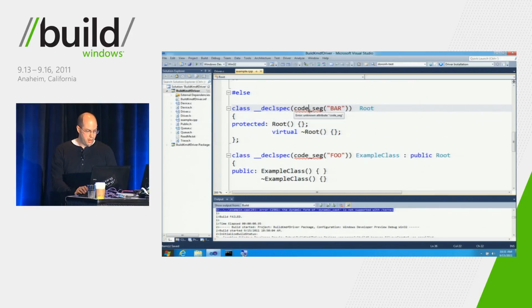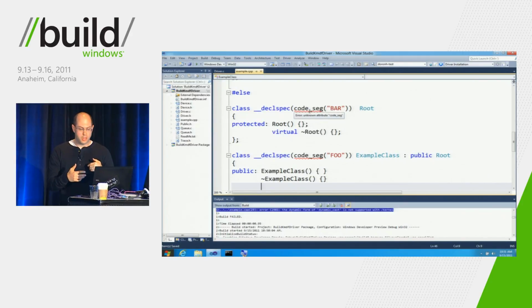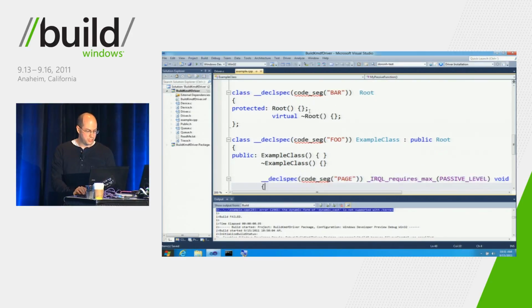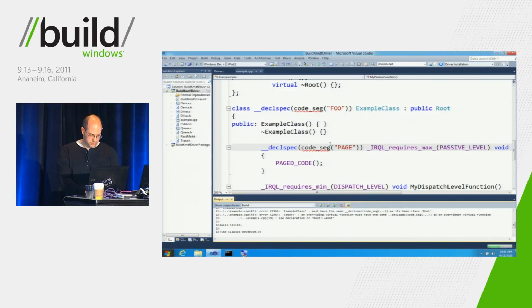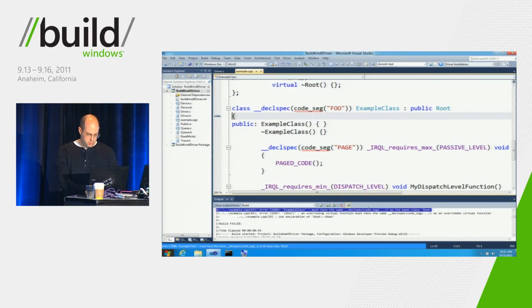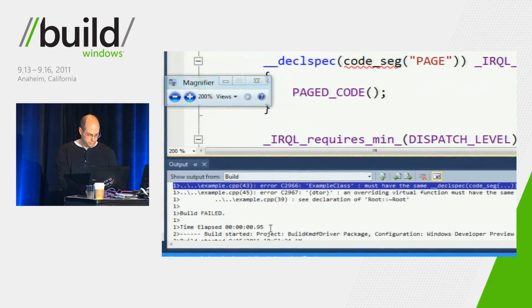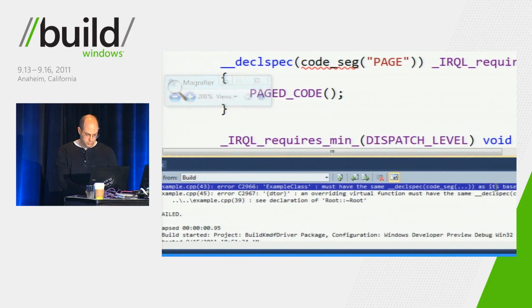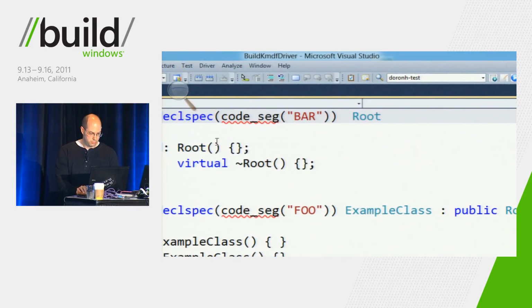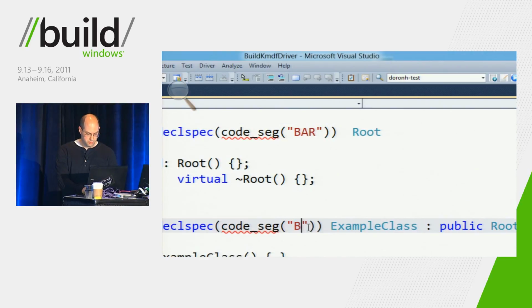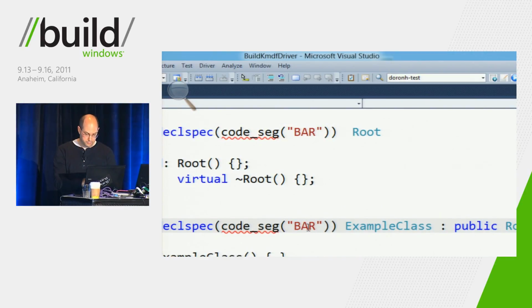So you can see here I have a root. The rules are if you're going to start doing virtualization, virtual methods, that everything that derives from the root also has to be in the same section. And so here's just a simple test that demonstrates that example class here must have the same code seg as root. So we have foo and bar. We fix that.